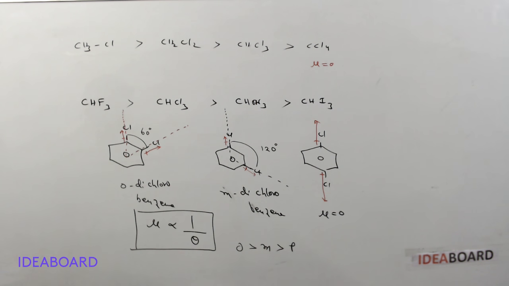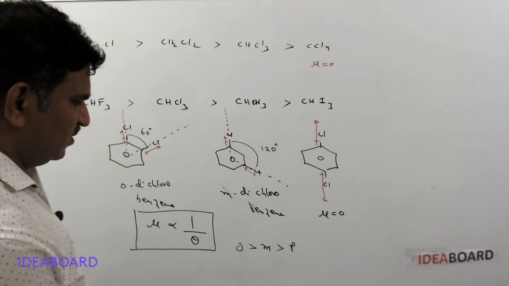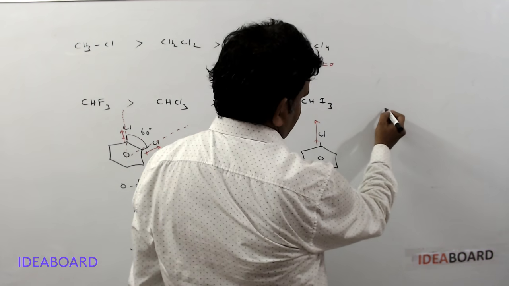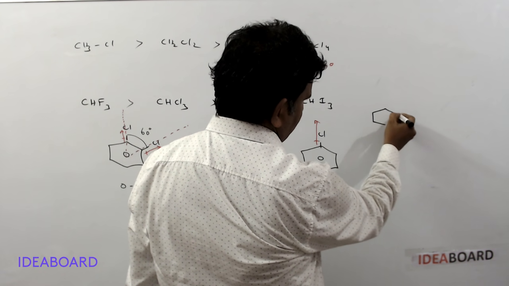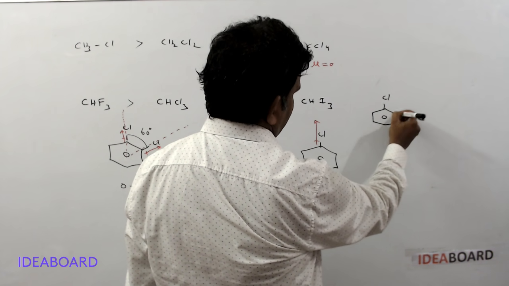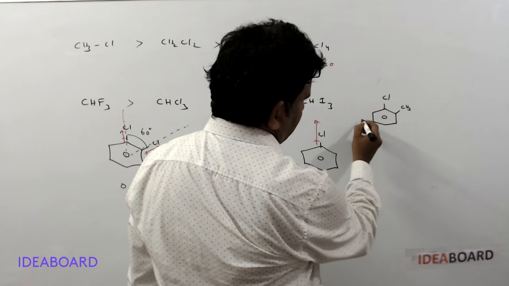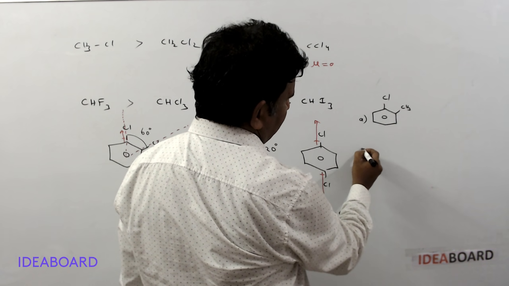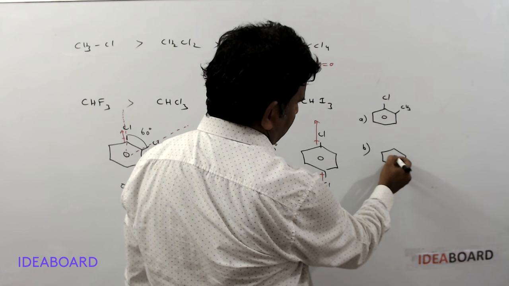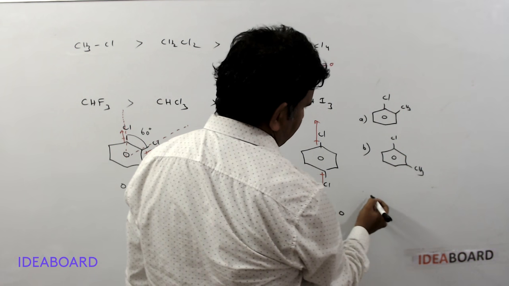And I'm giving a question for you. Tell me the order of dipole moment for these molecules. Here this is a chlorine and this is a methyl group, and this is A. And this is B, here this is chlorine and this is a methyl group.